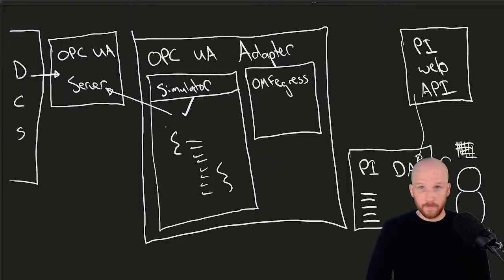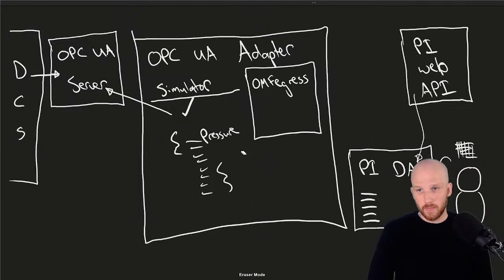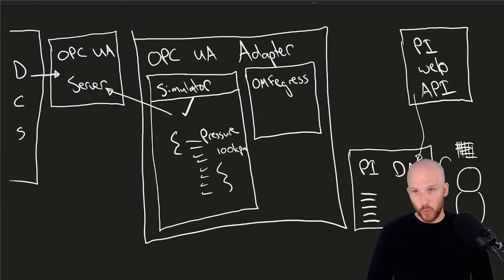So, for example, we have a tag here. So this might be a pressure. We might get a value of 100 kPa. Ultimately, we're going to get this data sent over to our server, and it'll send over that value of 100. What if a second later it reads 101?